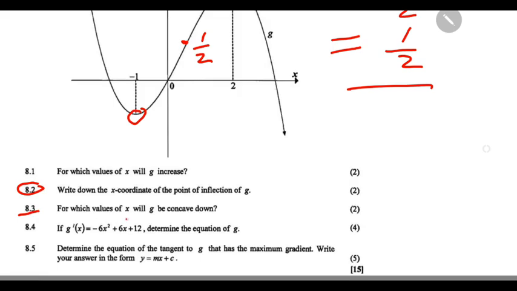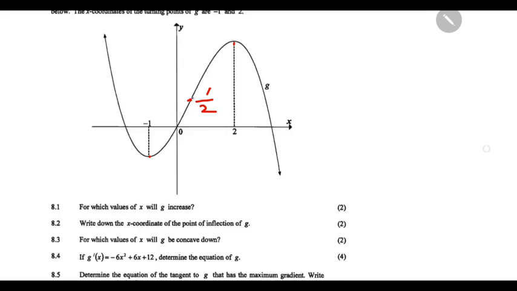Part 3: for which values of x will g be concave up? This is my point of inflection here. The graph is concave up till this point of inflection, and from here the graph is concave down. He is asking where the graph is concave down.